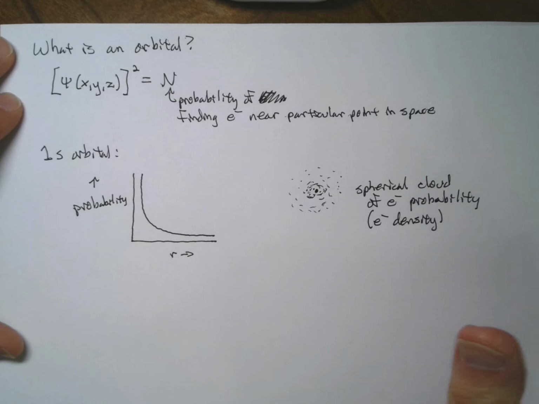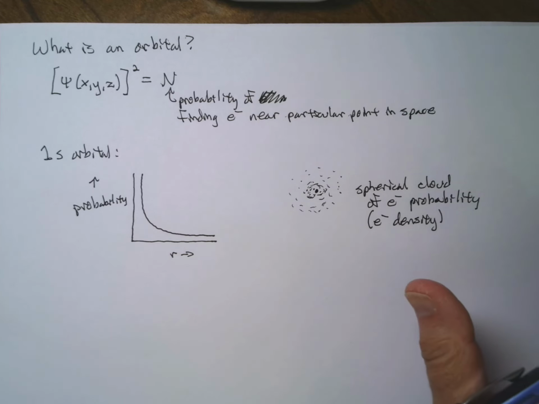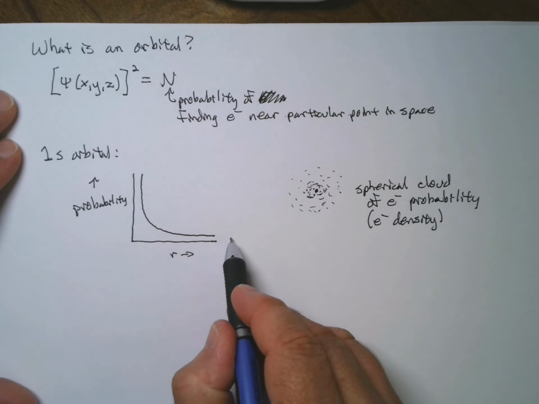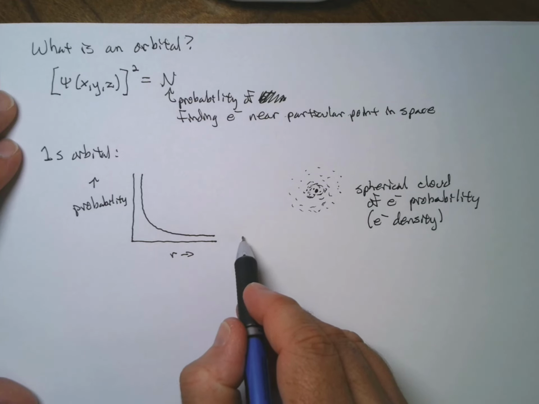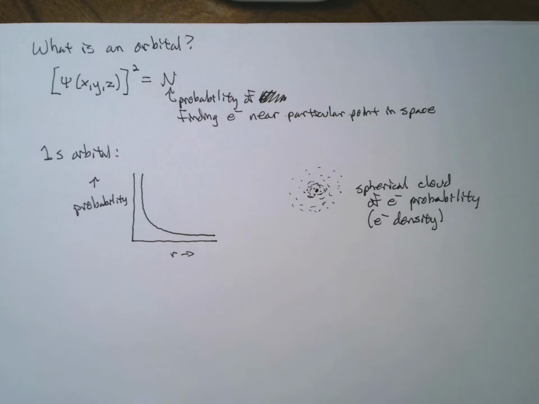Sometimes this is called a probability density or just electron density. And so ultimately there is a small but finite probability of finding an electron on the other side of the room, but it's so tiny that we essentially ignore it.